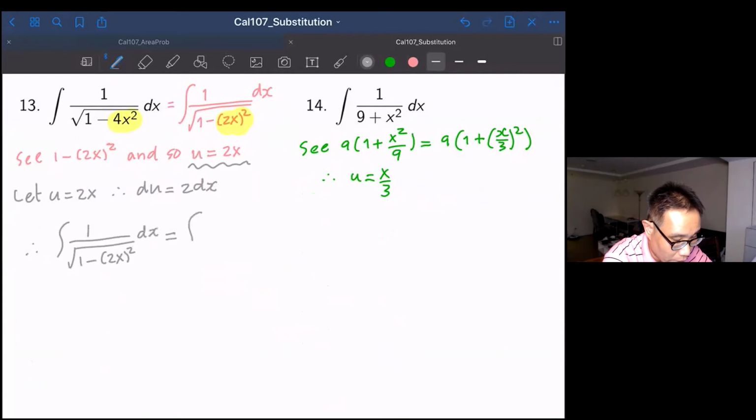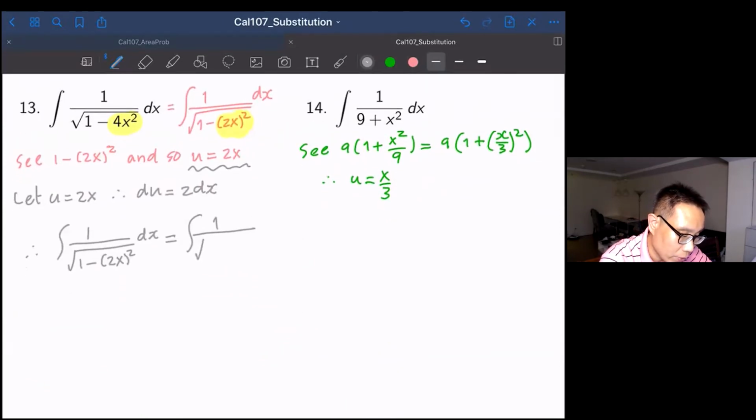So it's going to be the integral of 1 over the square root of 1 minus u squared, and du equals 2 dx. You want to have dx, so dx turned out to be du over 2.